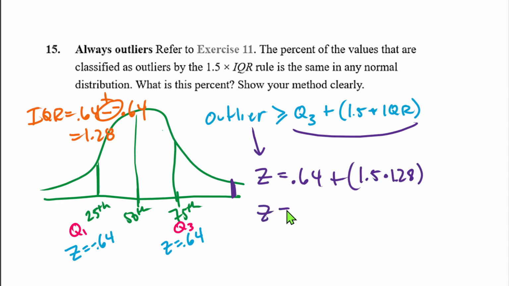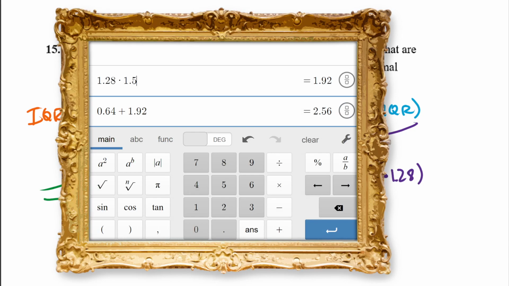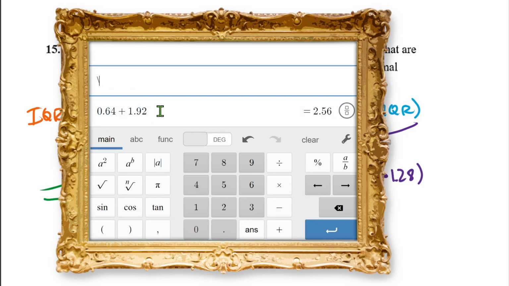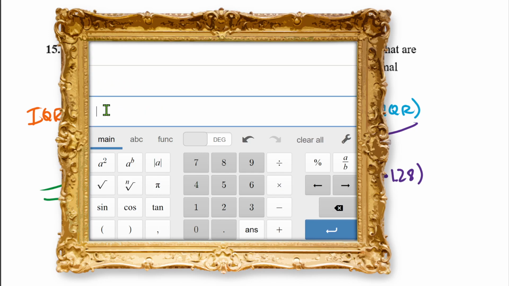Now we're going to find the z-score. This is too much at one time. What are we talking about? The outlier is going to be 0.64 plus 1.5 times 1.28.